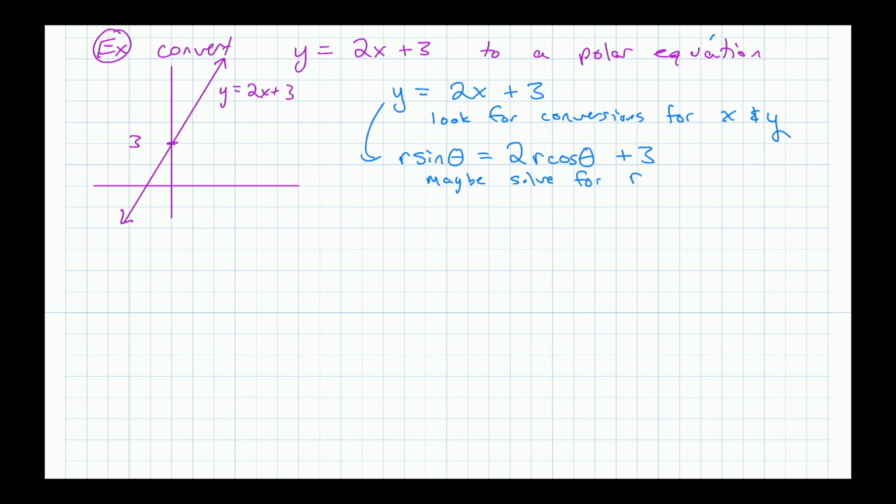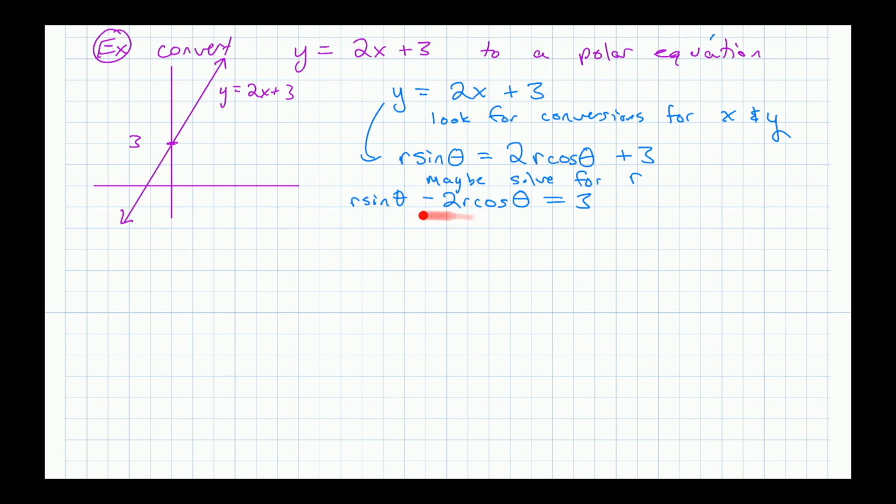If you wanted to try to solve this for r, the problem that you have is there's an r here and an r here. So you would have to move this whole term over to the other side by subtracting it. You would have r sine theta minus 2r cosine theta equals 3, right? So we just moved this over to the other side through subtraction.